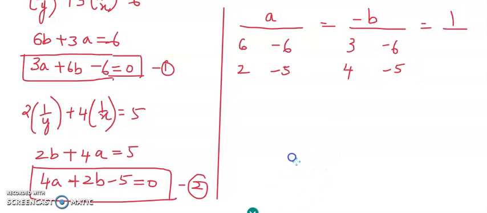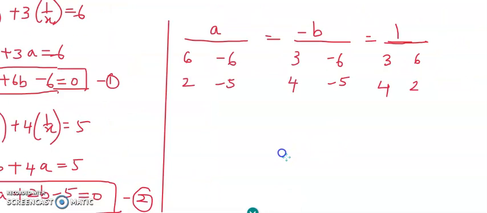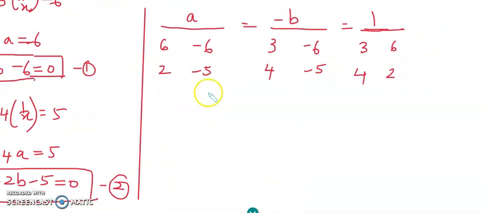For 1, I'll put the coefficient of a and the coefficient of b: 3, 4 and 6, 2, correct? Now what should I draw? Yes, the arrows. Top left, right bottom.